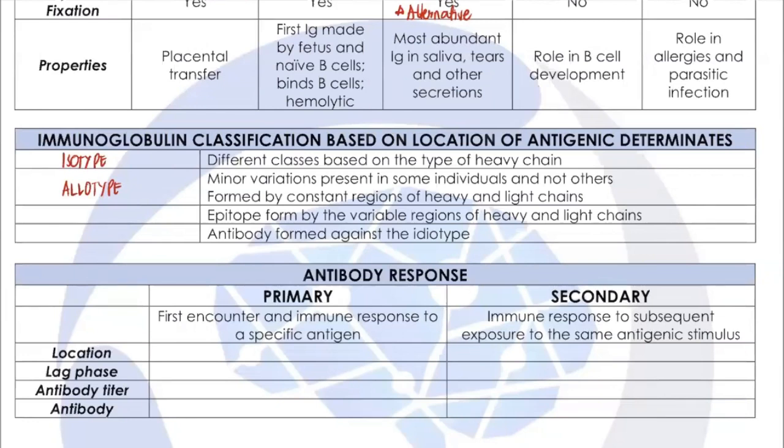That would be idiotype. And lastly, antibody formed against the idiotype. So obviously that is an anti-idiotype. Okay, so ituturo ko kung alin dito yung isotype, alin dito yung allotype, alin dito yung idiotype.